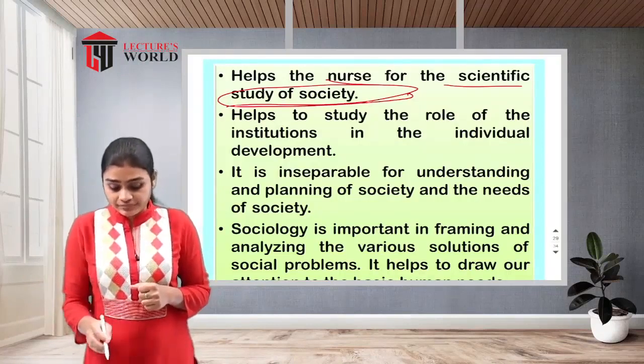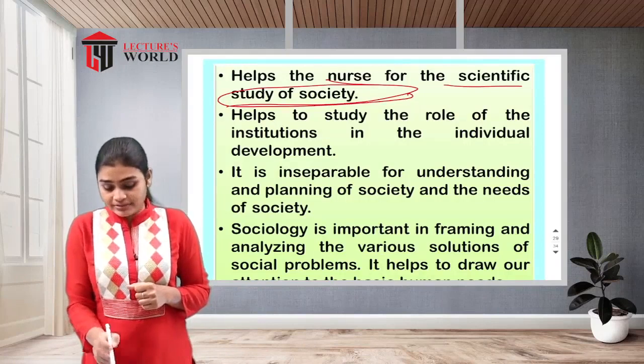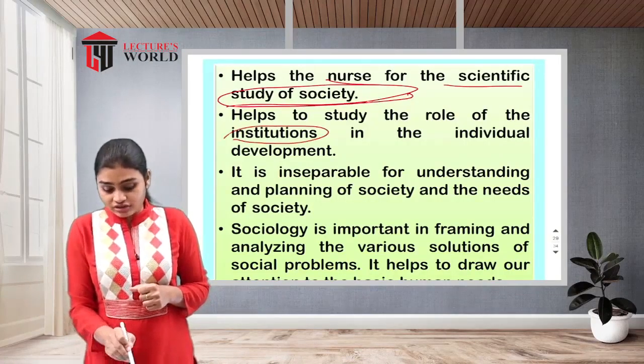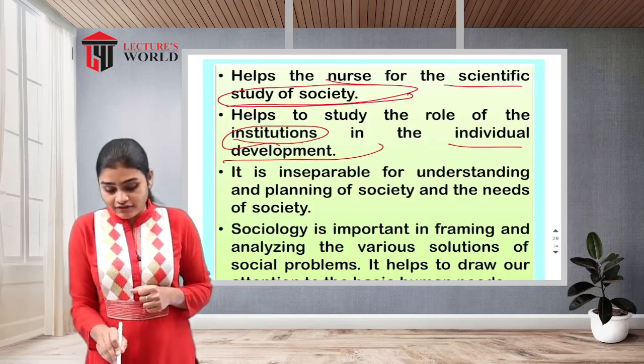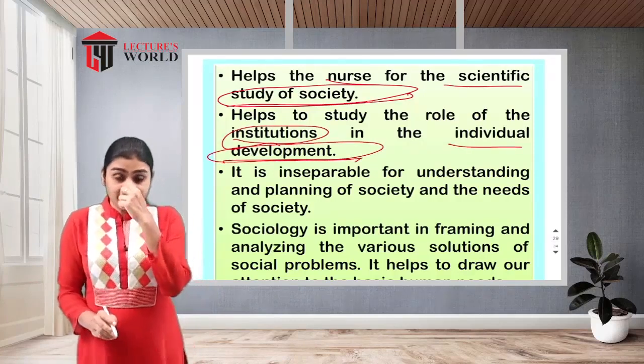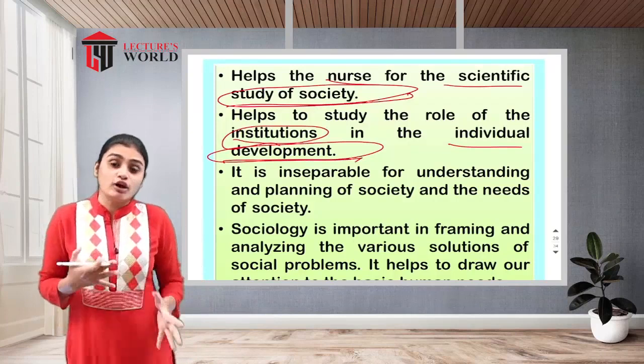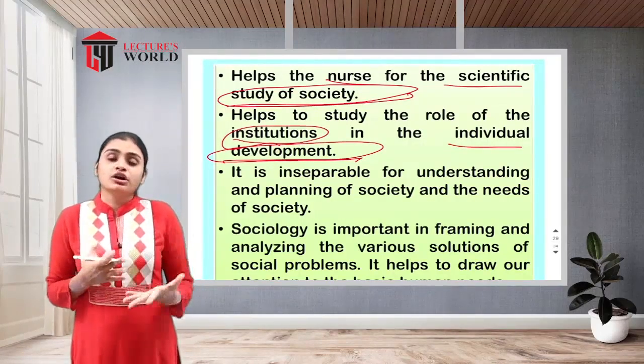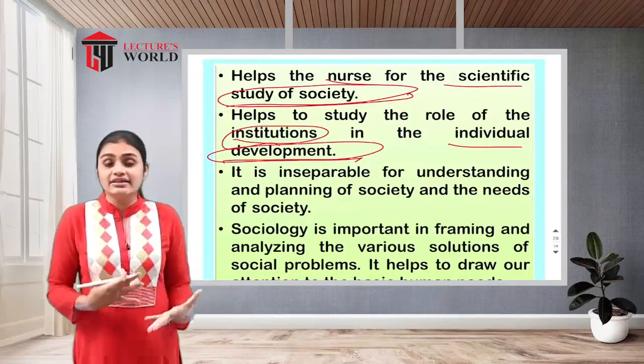The next is that sociology helps to study the role of institutions in individual development. The role of institutions means the role of the political institution, the religious institution, and the family. Family is also an institution.